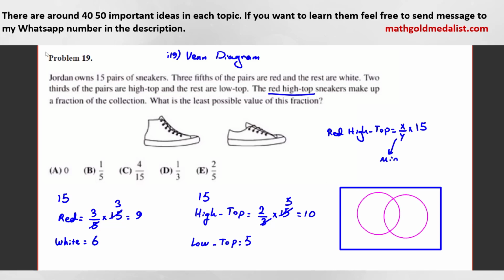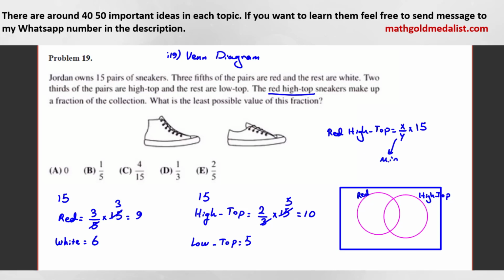We can consider the first circle to mean red. This one means high top. Outside high top means low top, outside red means white. And we have 15 in total.